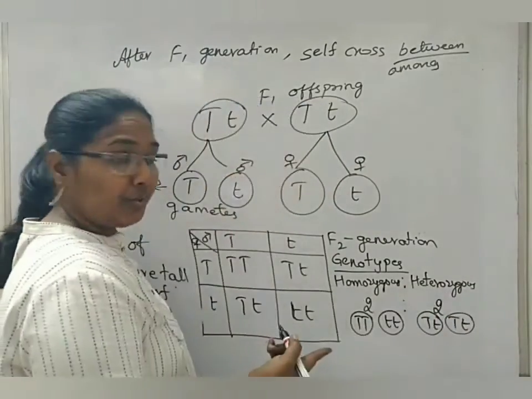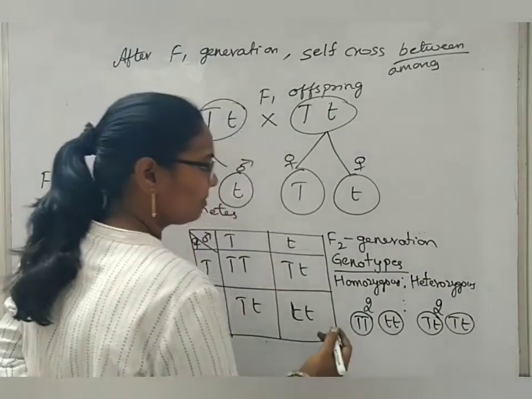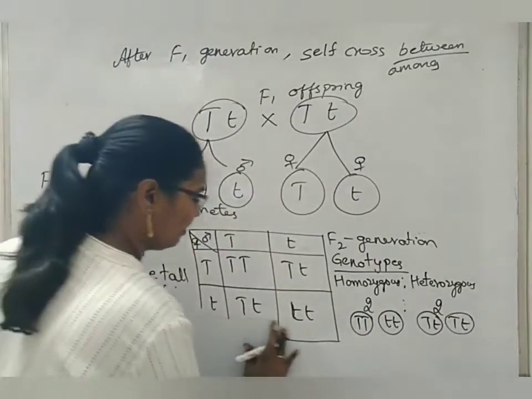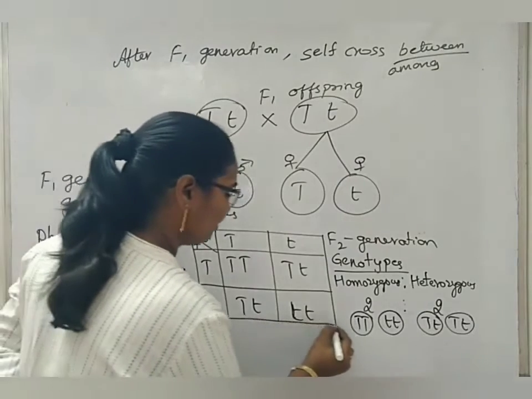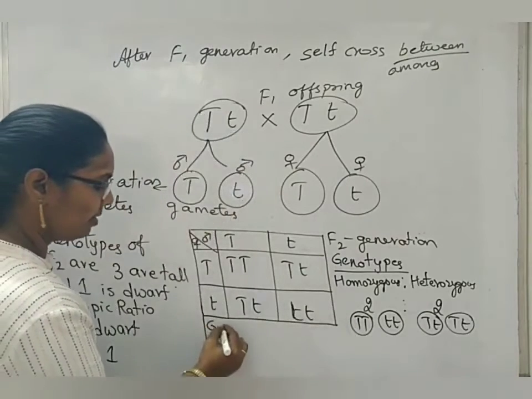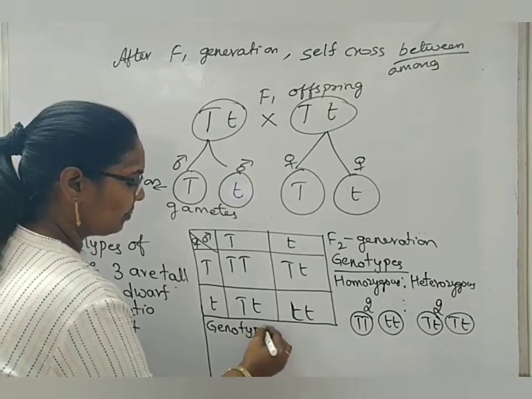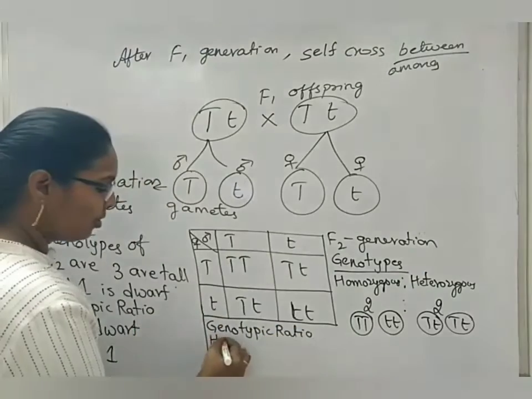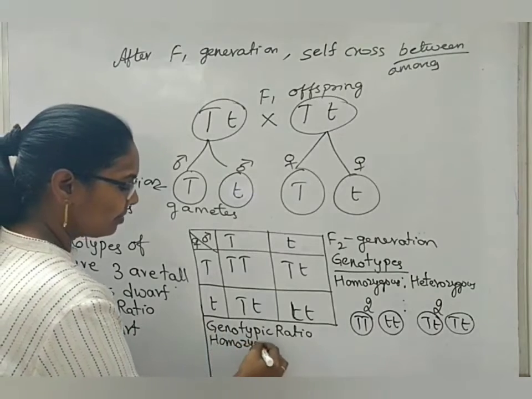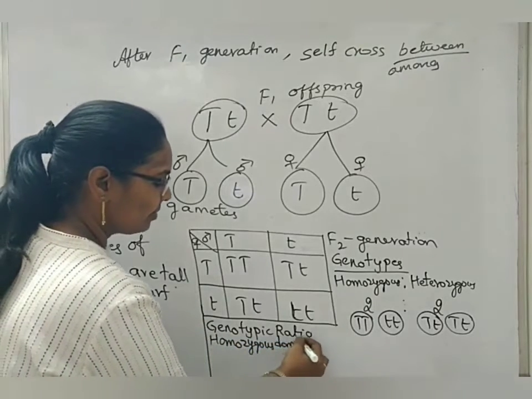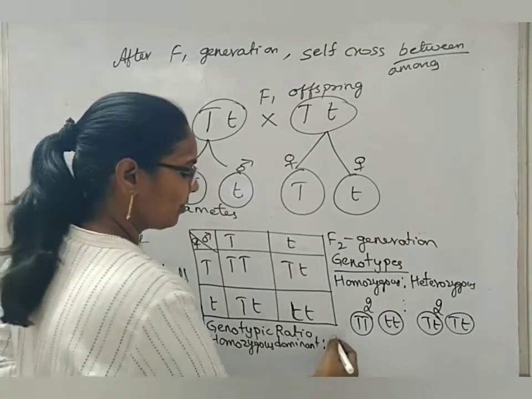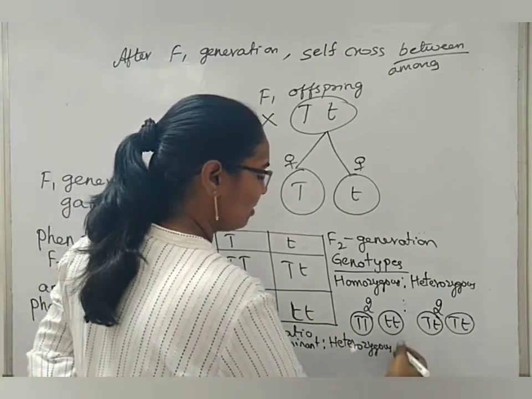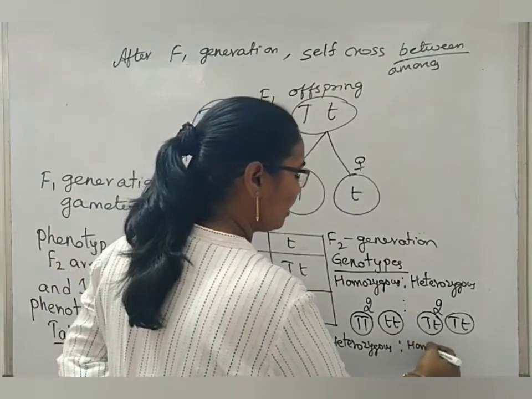If you write the ratio, I don't have place here. Under genotypic ratio, let's write homozygous dominant is to heterozygous is to homozygous recessive.